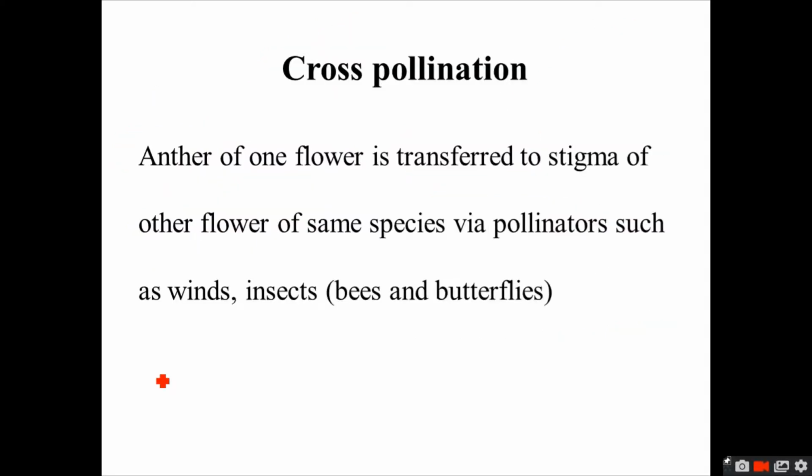Now next I will discuss cross pollination, which is another type of pollination. What happens in this type of pollination is that the pollen from the anther of one flower is transferred to the stigma of other flowers of the same species. The species has to be the same, otherwise if pollen collected from one species is transferred to another species, then in natural conditions this is not possible and the pollen grains will get wasted.